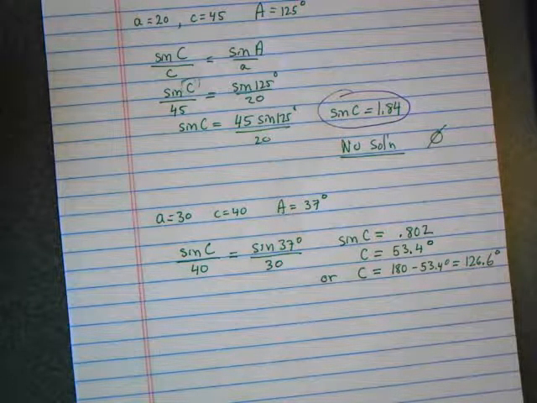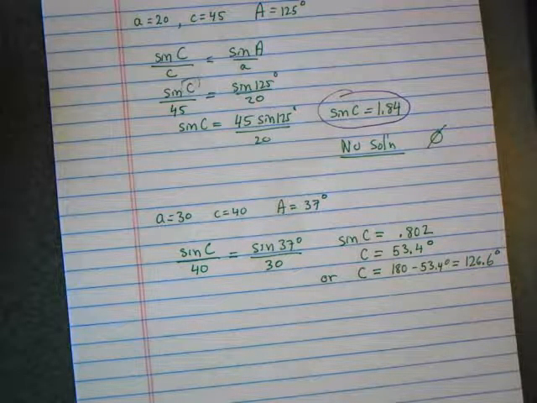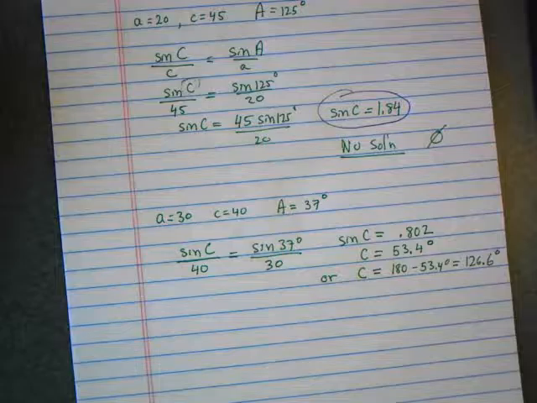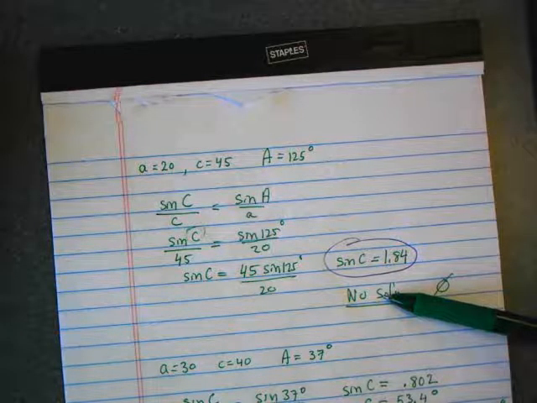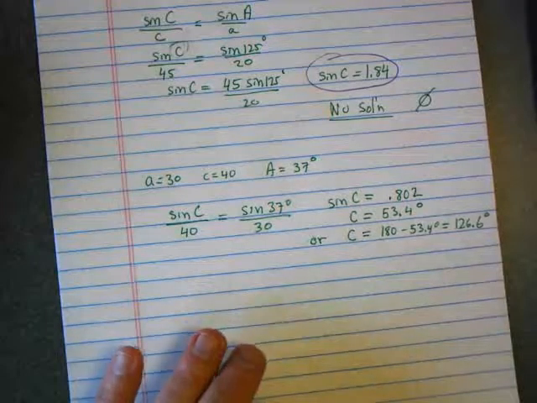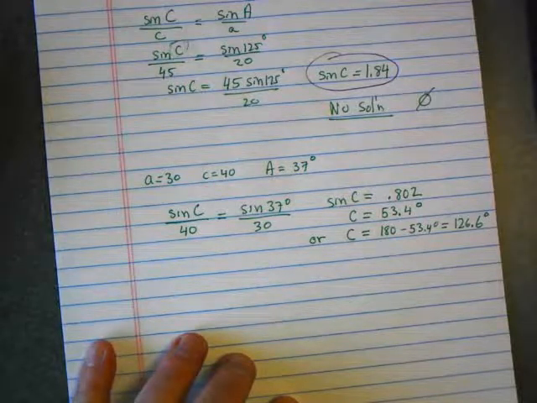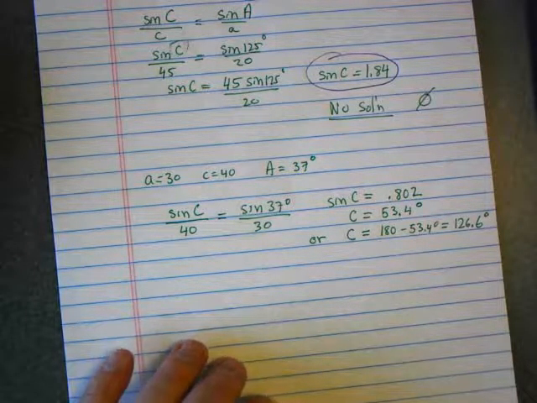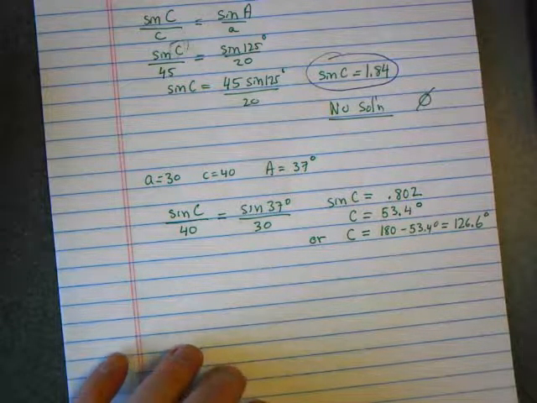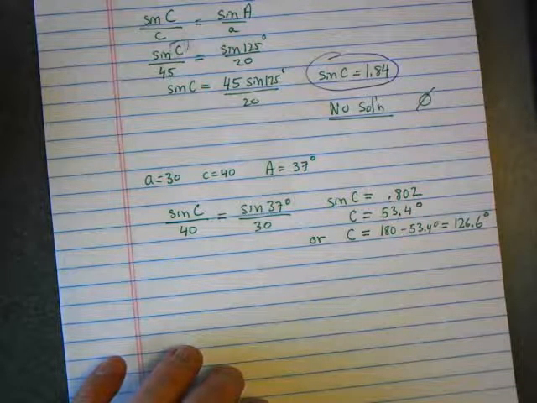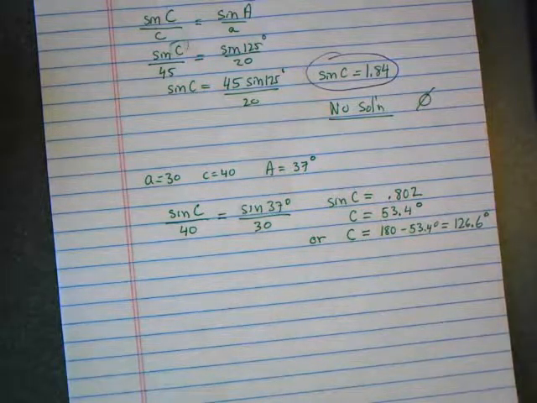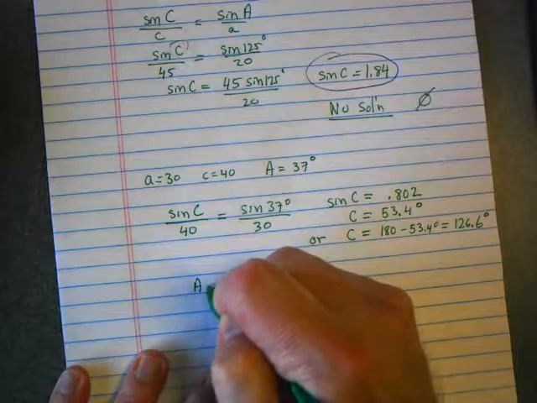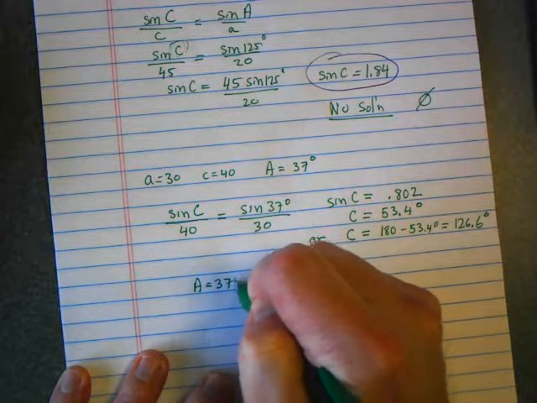The directions say, use the law of sines to solve for all possible triangles. So the answer for the first one was there was no answer. The answer for this one, we will need both. But we're not quite yet sure if there actually are both. And here's what I mean. Right now we have A is 37 degrees. That was given to us.